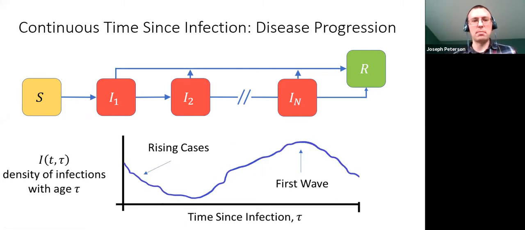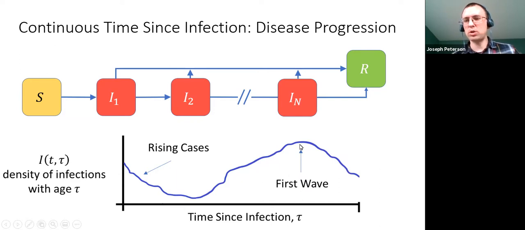The next thing to look at is, instead of having a population of infected persons in each one of these individual compartments, you have a density of infections with age tau at a given time t. So this curve here, I of t and tau, density of infections with age tau, what this does is this essentially plays out the entire history of the epidemic in reverse.